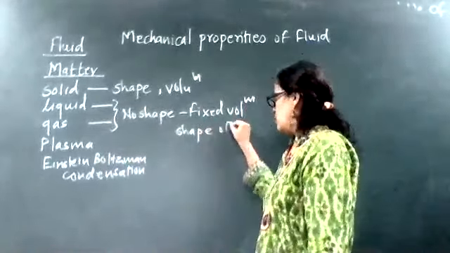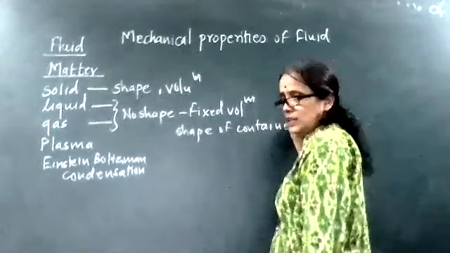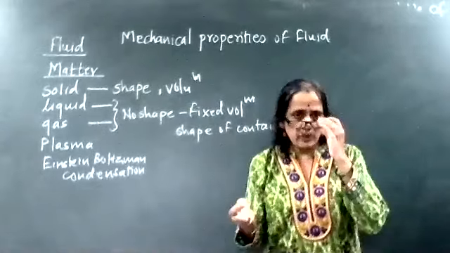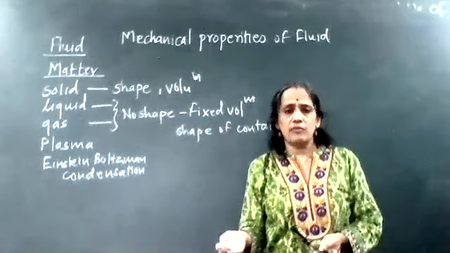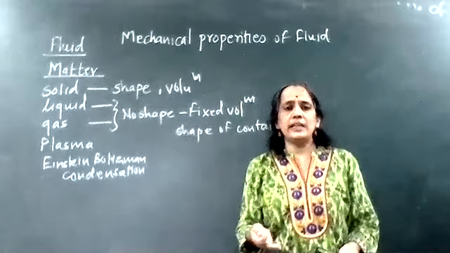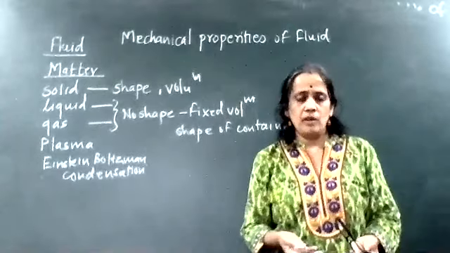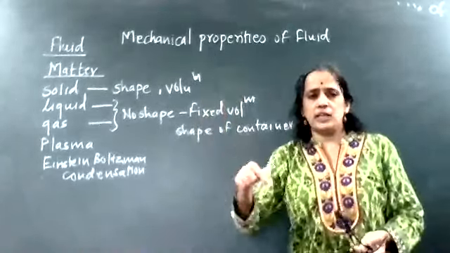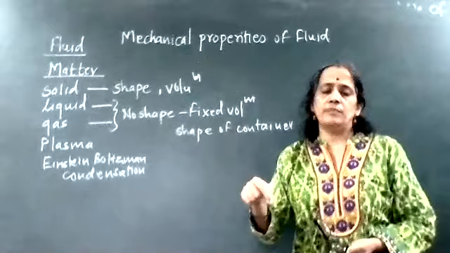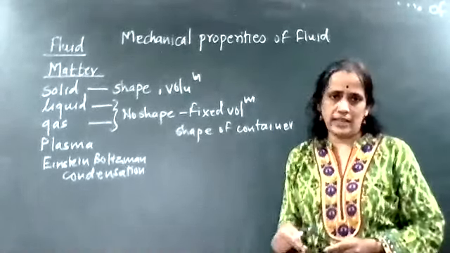Whenever we place a liquid in a cubical flask, it will take the shape of that cubical flask. If I enclose a gas in a cubical container, the gas will take the shape of the cubical container. So wherever you place it, in whichever container, liquid and gas will take the shape of that particular container.